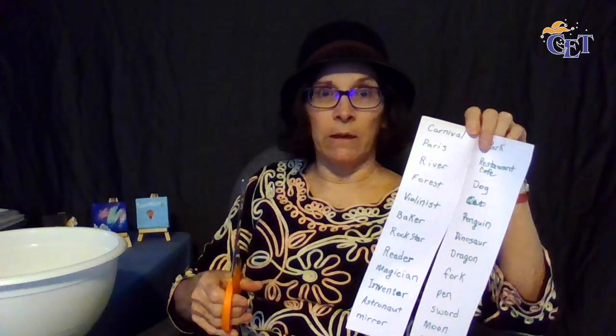You can also get a bunch of words and make word strips. I happen to have pre-made a bunch of words, and now I'm just going to cut them apart and put them in a bowl. Here's the thing. I wrote down nouns. A noun is a person, place, or thing. So that's all you do.